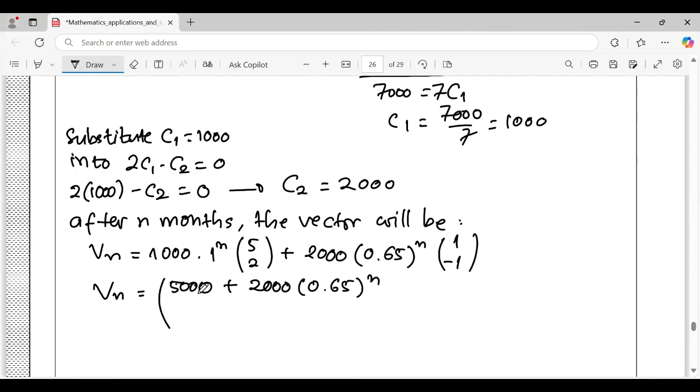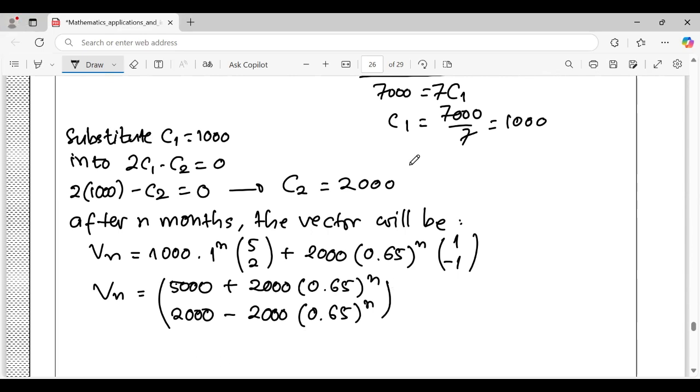And 1,000 times 2 is 2,000, minus 2,000 times 0.65 to the n. That's the vector.